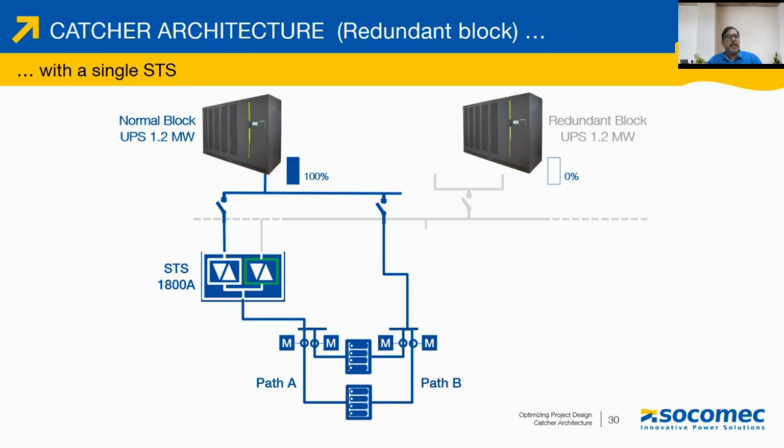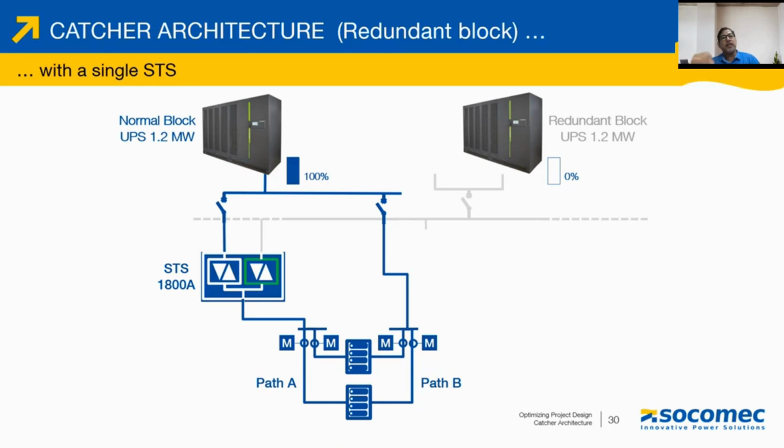In that case, we have the option of blocking that particular fault condition using the STS, and the other parallel path can continue providing the power supply to the servers. So this way, for the possibility of the main path A not receiving the supply, either because of the main UPS system or any intermediate distribution fault, this arrangement will manage to provide the alternate supply to the servers.